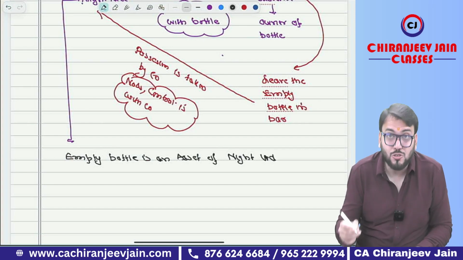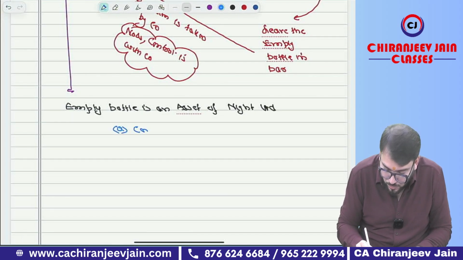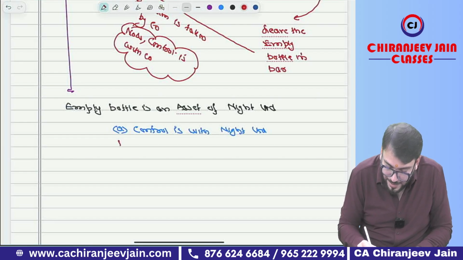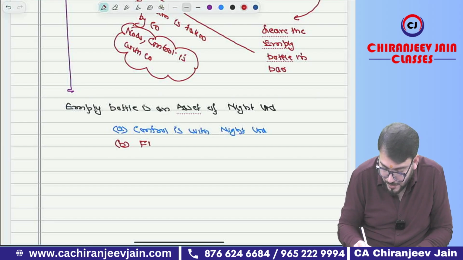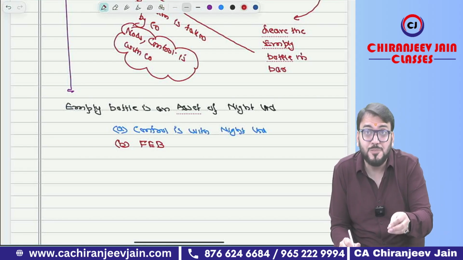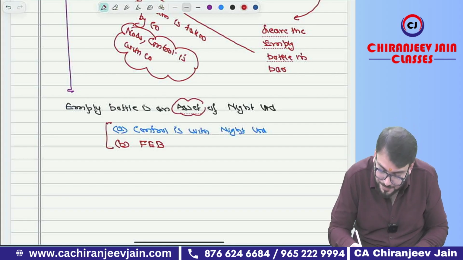Why? Because of two conditions. Of course control is with Night Limited. And who will derive future economic benefit? It can be sold by Night Limited, so Night Limited can derive future economic benefit from it. So both conditions are satisfied, and therefore it is an asset of Night Limited.